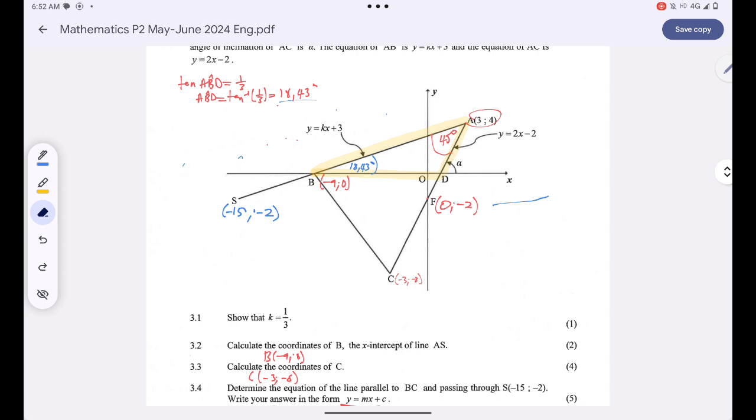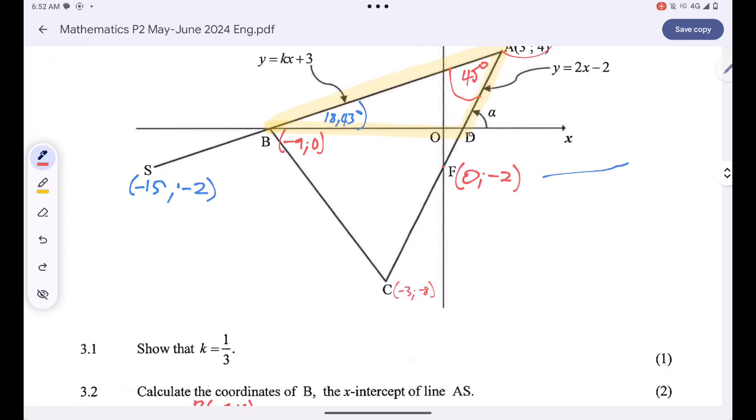Firstly, let's find the area of triangle ABD, our numerator. Triangle ABD is the one that is being highlighted over there, right? If we can know the coordinates of D, we can simply find the area of triangle ABD. The coordinates of D is the x-intercept of this line.